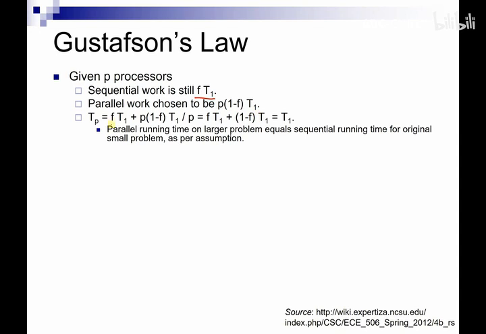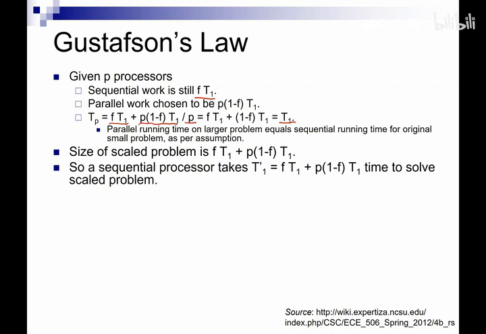Well, it's going to be the sequential running time plus the amount of parallel work divided by the number of processors, P. If you simplify this expression, you simply get that this is equal to T1. So this is saying that the parallel running time on the larger problem equals the sequential running time for the original problem, which is the assumption that Gustafson's law makes.